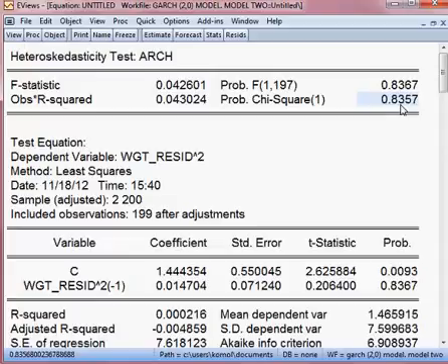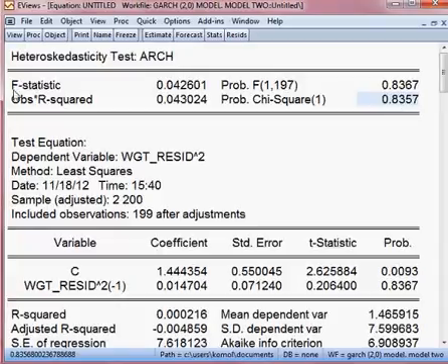So what is our null hypothesis? The null hypothesis is there is no ARCH effect, and we cannot reject it, meaning that there is no ARCH effect. So we are happy about the model. This model has no ARCH effect.